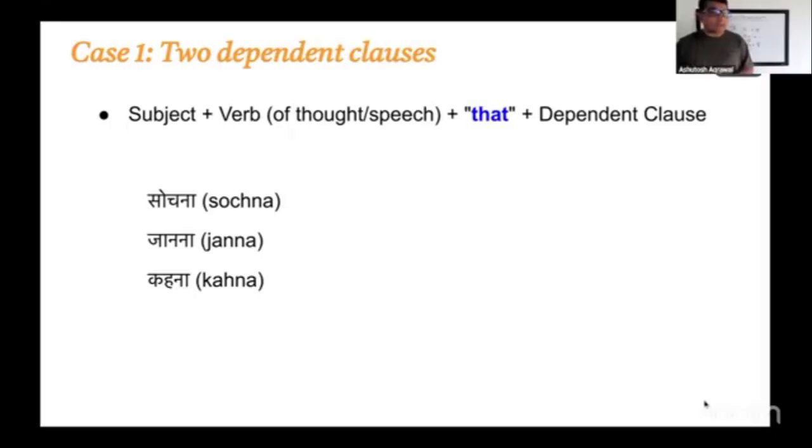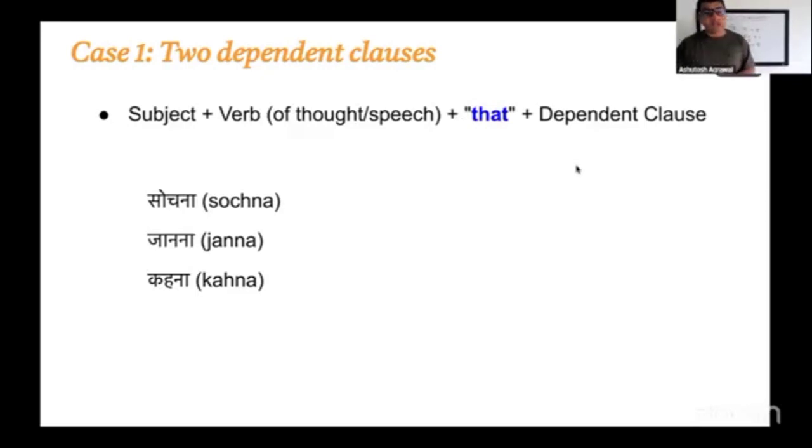There are three major use cases of the Hindi conjunction ki. One, which we already saw, is where it means "that". There is a dependent clause after the first sentence is done.